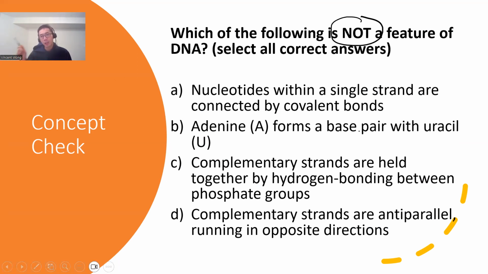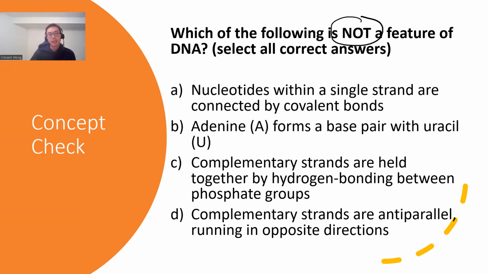Anything that you connect using dehydration synthesis is going to be a covalent bond. When you connect two glucose together, that's a covalent bond. When you connect two amino acids together, that's a covalent bond. But sometimes we give them special names. For example, in a protein, that particular covalent bond we call a peptide bond.